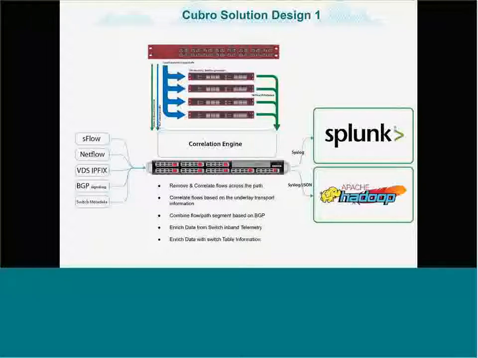So we correlate the BGP traffic, we correlate sFlow, NetFlow, the virtual distributed switch. This is the information out of the hypervisor. The virtual distributed switch is for VMware, or we look at the Neutron interface if it's OpenStack. Then we do this BGP signaling, and then in some cases where it's needed, we also look at the original switch data from the customer so that we can see behind the last switch.